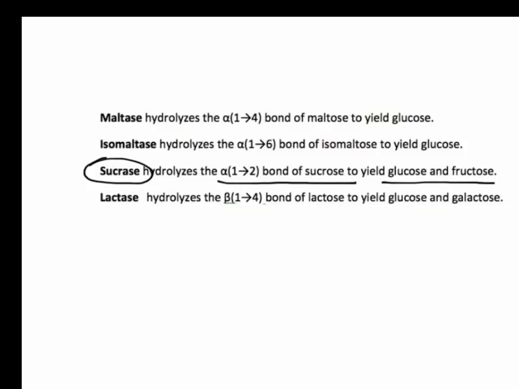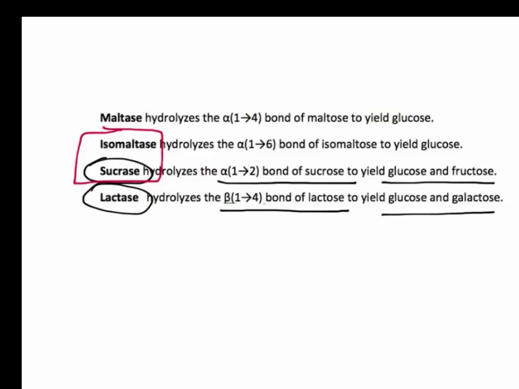We need the enzyme lactase to hydrolyze the molecule lactose, and so lactase hydrolyzes the beta-1,4 bond of lactose to yield galactose and glucose.